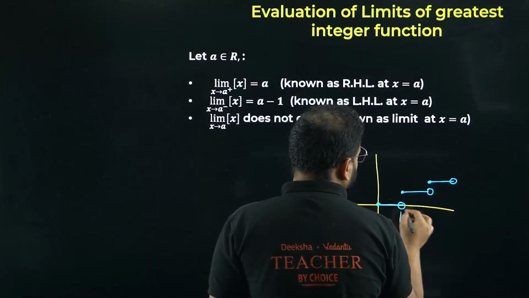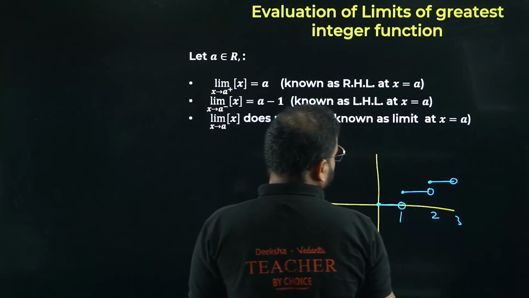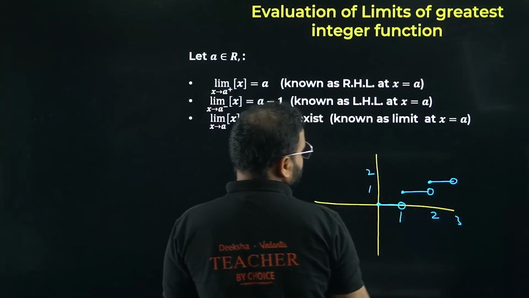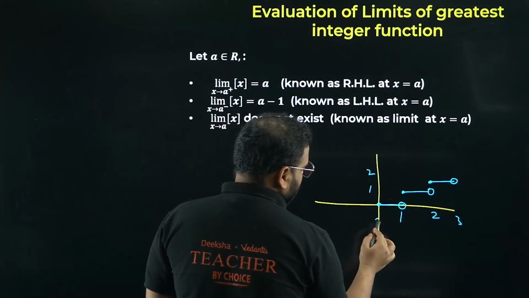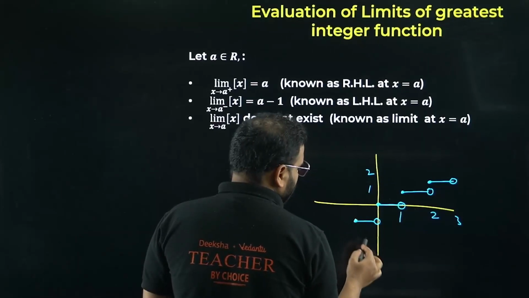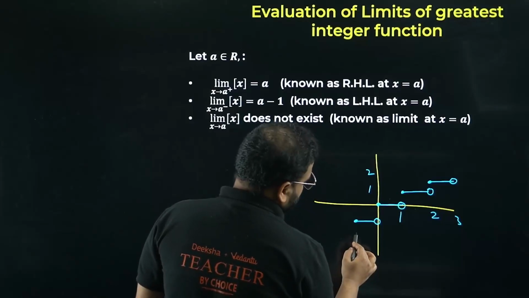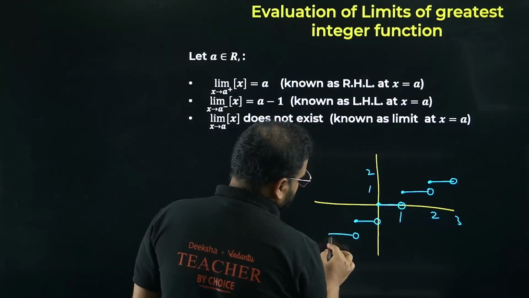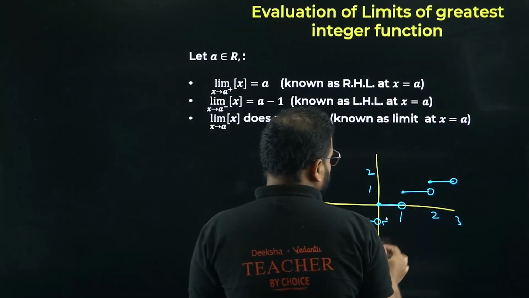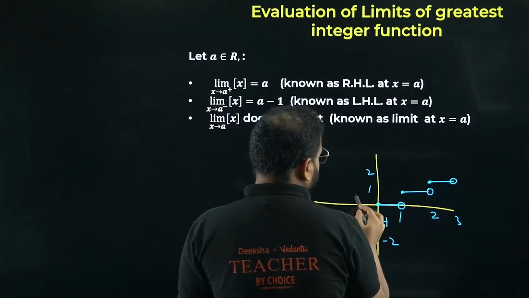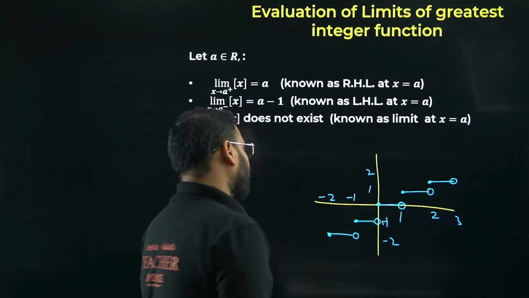Same goes over here: open, closed. Again, please check, the points are minus 1, minus 2, here also minus 1 and minus 2.